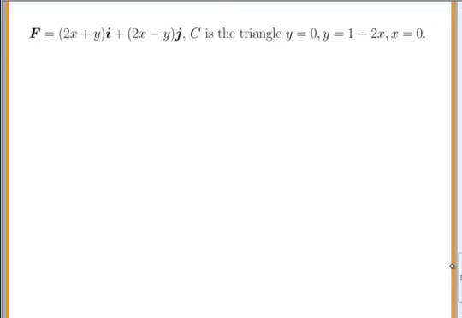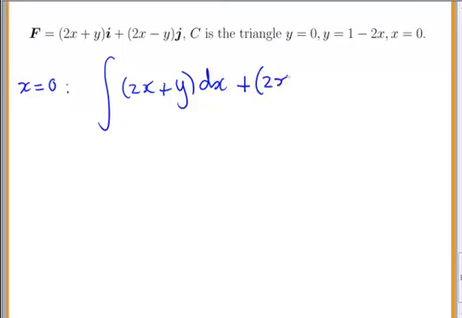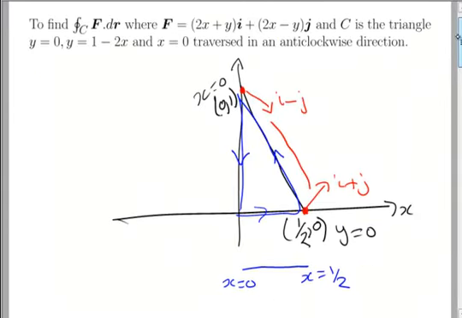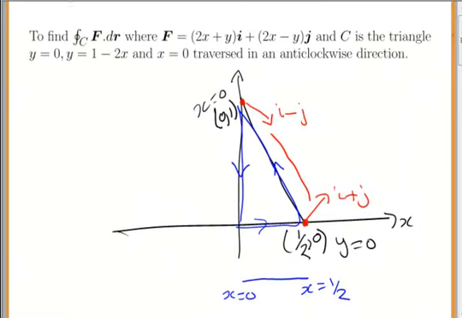So now we're looking at the side x equals 0, and we're doing the integral 2x plus y dx plus 2x minus y dy. What are the limits? Well, if we go back to our sketch of the triangle, we can see that we're coming down the y-axis, and so y is going to be going from 1 to 0.